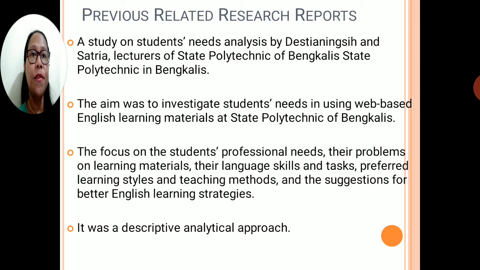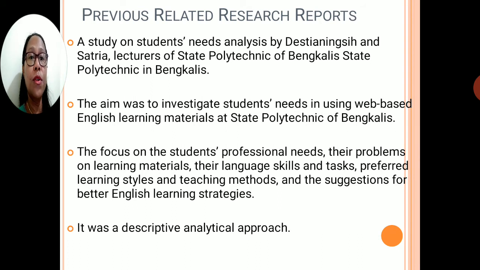Next is previous related research report. Actually, a very related research report done previously is a study on students' needs analysis by Destianingsih and Satria. They are lecturers of State Polytechnic of Bengkalis, and the aim of their study was to investigate students' needs in using web-based English learning materials at State Polytechnic of Bengkalis.